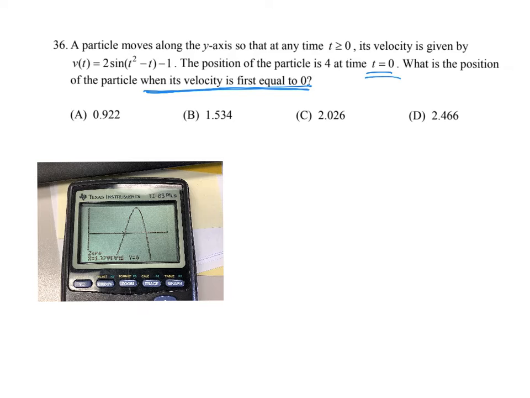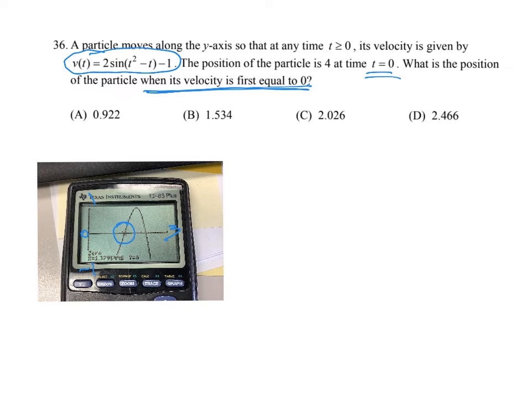What I did here is I typed in this function in y1. I used x as the variable, so I typed in 2 sine of parentheses x squared minus x parentheses minus 1, and then I graphed it. I changed the window so I went from 0 to 3 on the x-axis and negative 1 to 1 on the y-axis, and I wanted to locate this first place where the velocity equals 0.